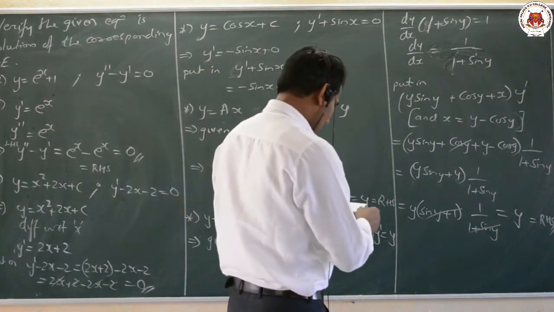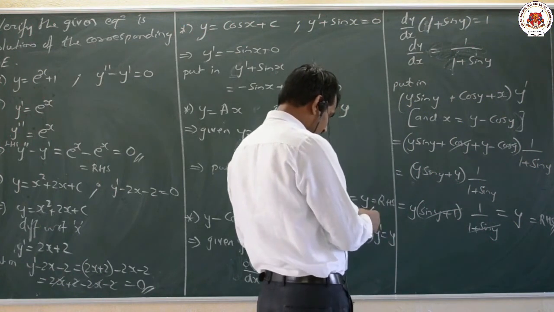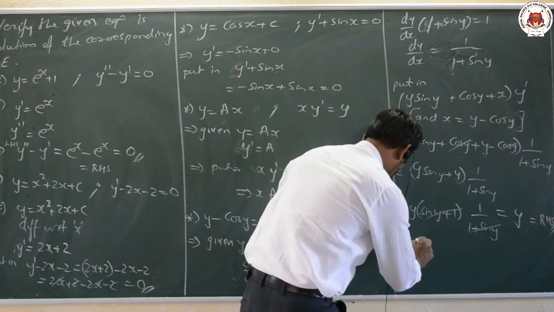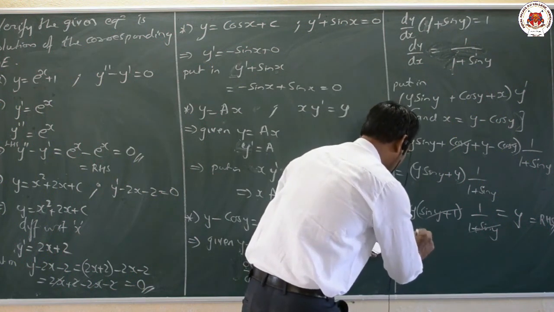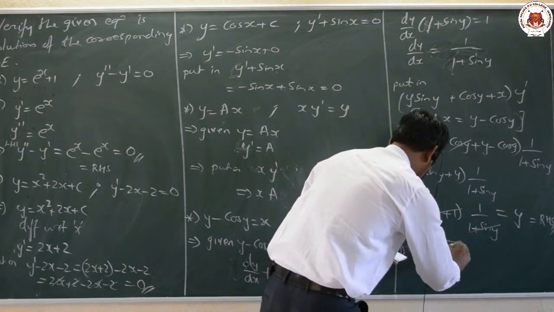Now let us move on to the next problem, or else you can take it as homework, dear students. The first one: y = root of (1 + x^2).